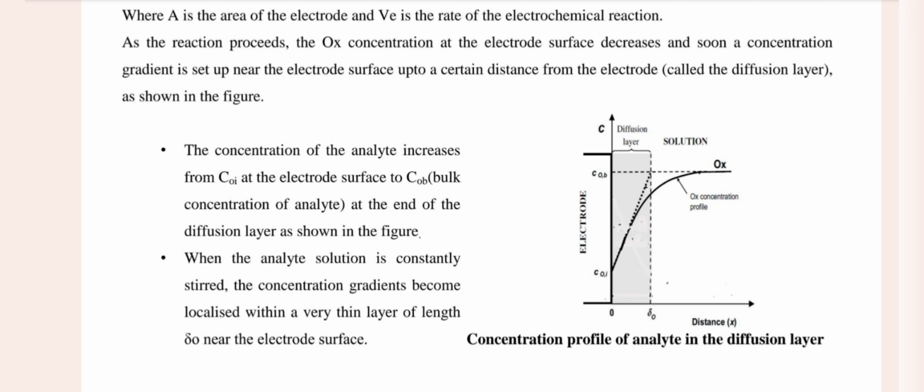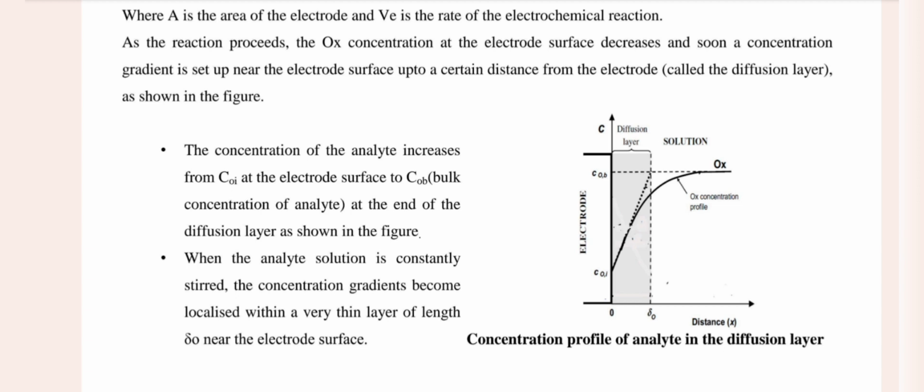But there is a problem: as the reaction proceeds, the concentration of the oxidized form at the electrode surface decreases, and soon a concentration gradient is set up near the electrode surface up to a certain distance from the electrode. That region, from the electrode surface up to a certain level, is called the diffusion layer.